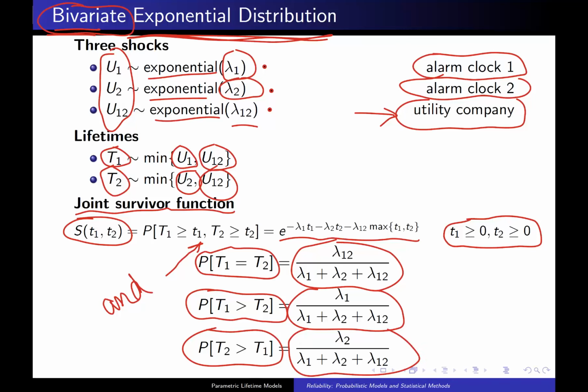Again, if you go out in the literature, you can find a lot of different bivariate exponential distributions. There is a multivariate exponential distribution, and so you will find some literature out there for multivariate lifetime distributions, even though in this class we're going to focus mainly on univariate exponential distributions.